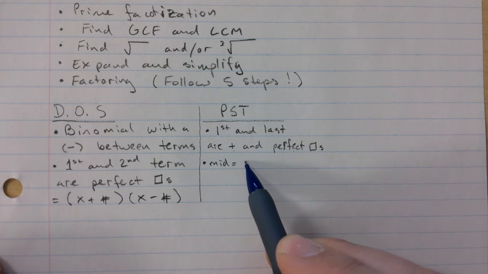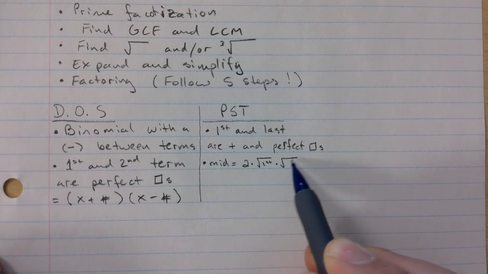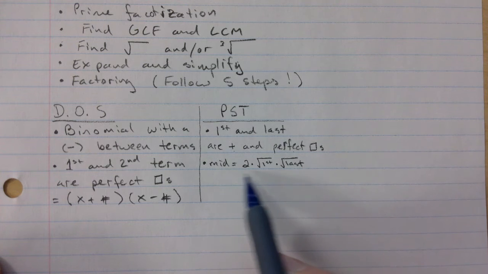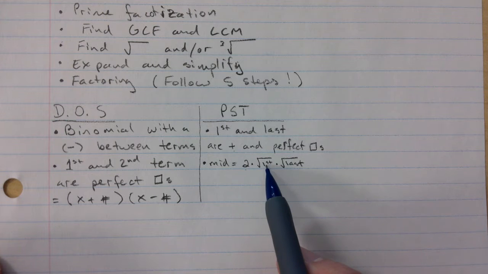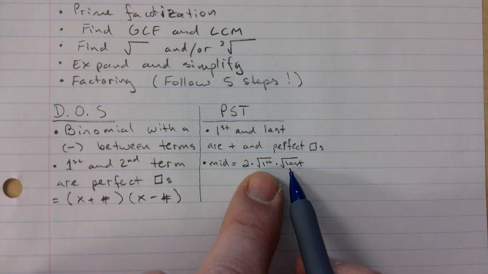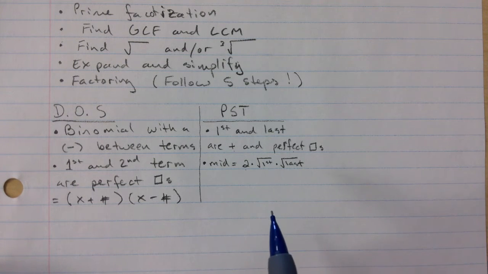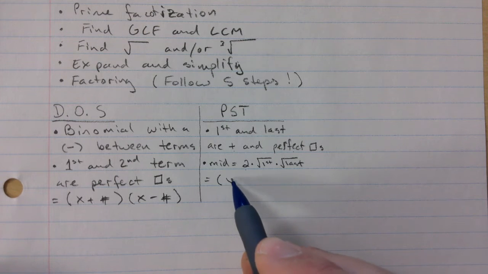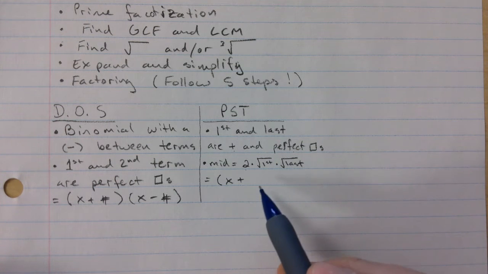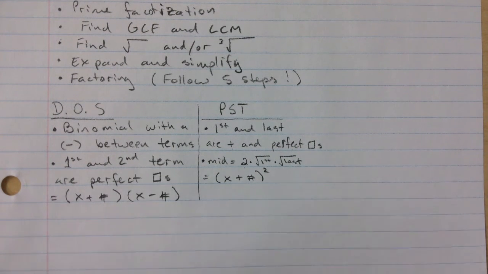The middle term is 2 times square root of first times square root of last. Right? If you want to check, the check you have to do is 2 times square root of the first, square root of the last, and the square roots you will already have performed, right? Because they're perfect squares. You're checking for that anyways. Okay, so that's the middle term, and what you get is something like this squared. So it's just one bracket where both are the same.